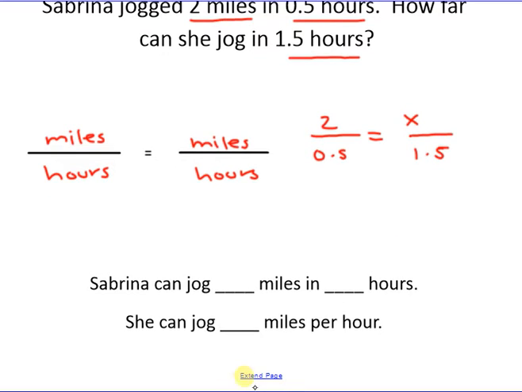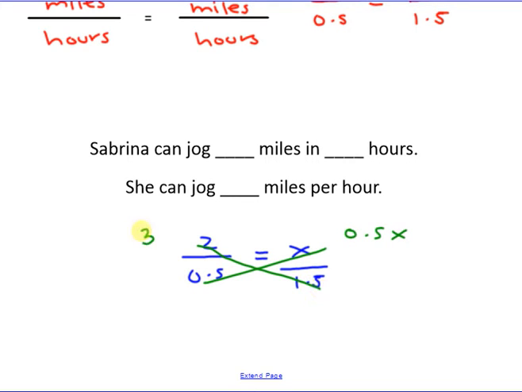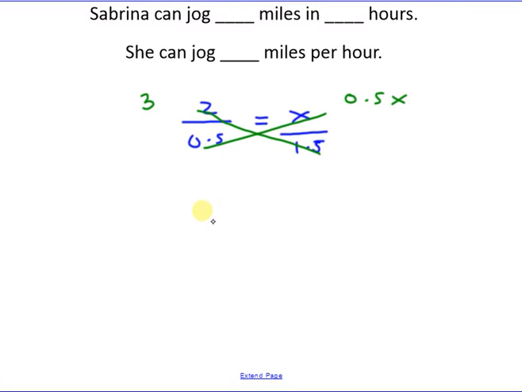All right, so let's go ahead and solve that. So 2 over 0.5 equals x over 1.5. All right, so 0.5 times x is 0.5x. 2 times 1.5 is 3. 3 equals 0.5x.